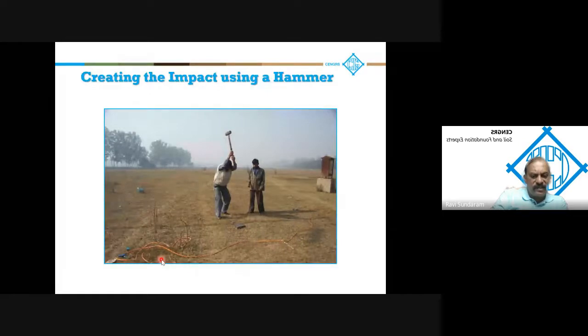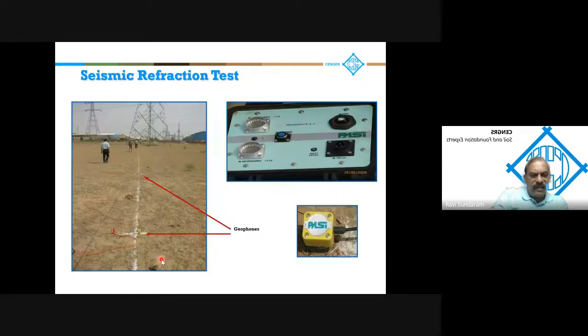So this shows the impact being generated and the test in progress. You can see the geophones along the line. So this is the close-up view of the geophone.